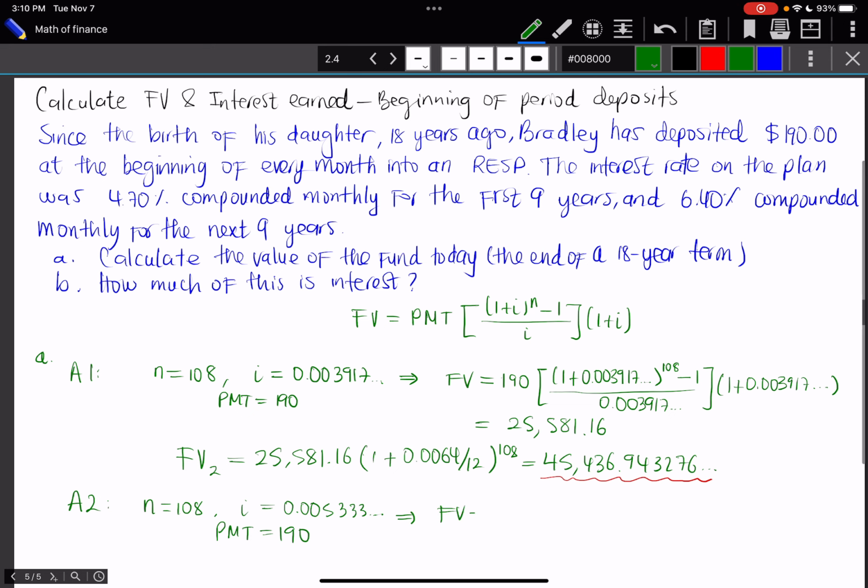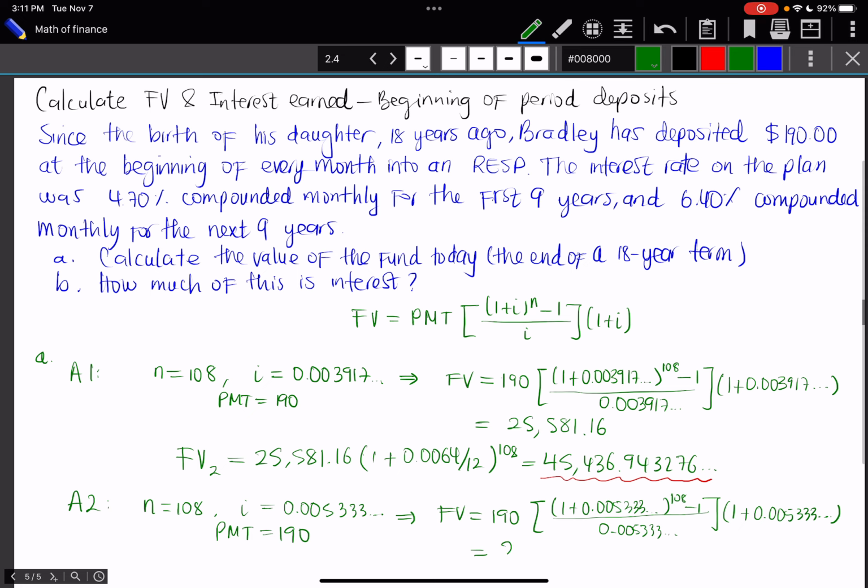So the future value is $190 multiplied by 1 plus 0.005, 3, 3, 3, etc. to the 108 minus 1, over 0.00533, etc. multiplied by 1 plus 0.00533, etc. And what we find here is the following expression.